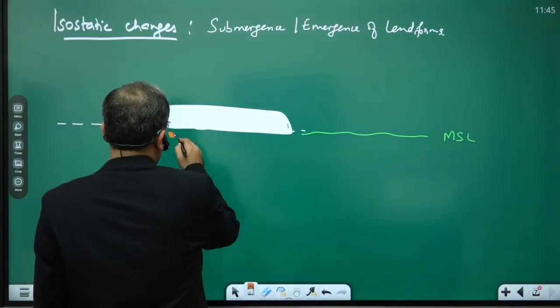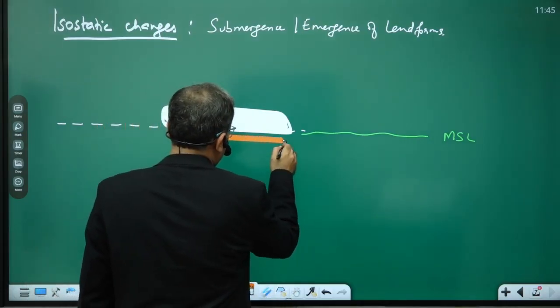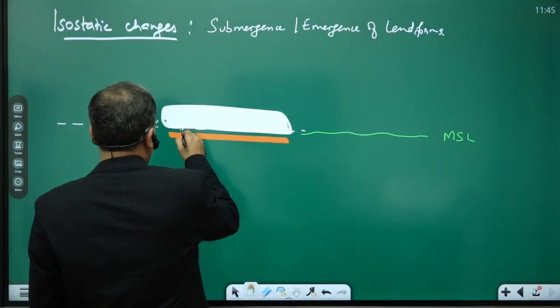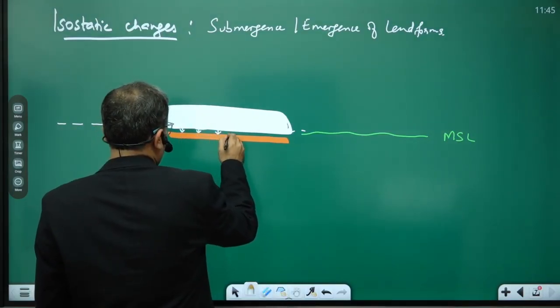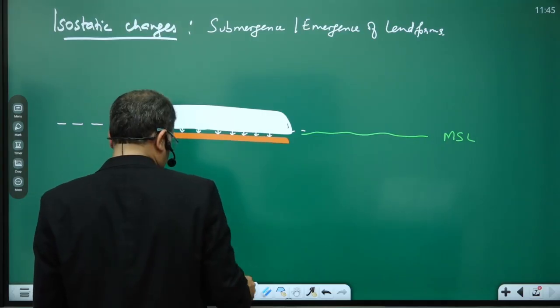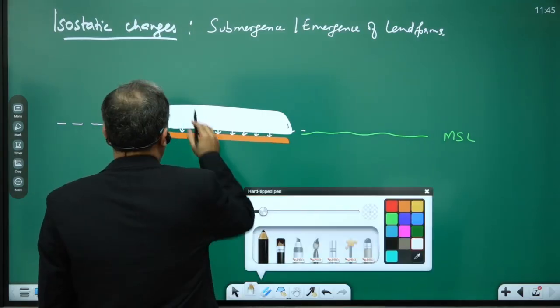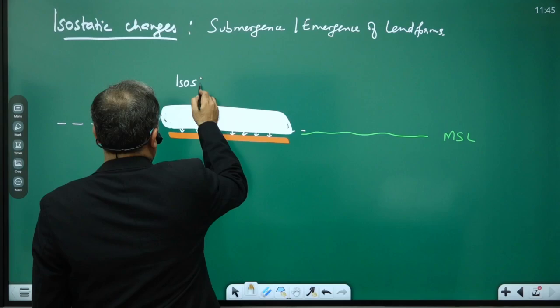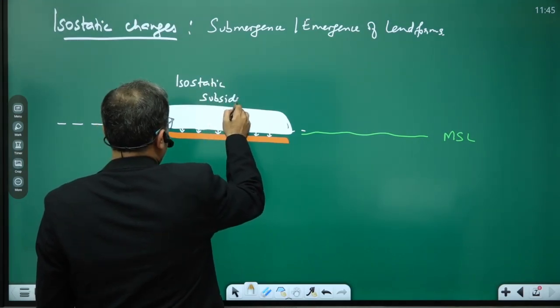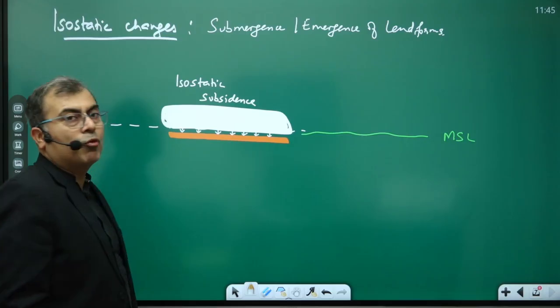Land will get depressed. What will we call this as? Isostatic subsidence. तो मूवमेंट क्या कहलाएगा?